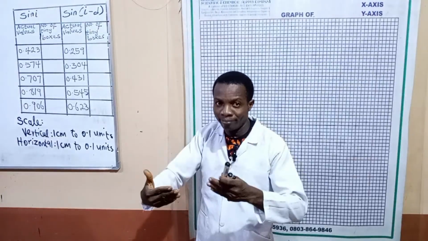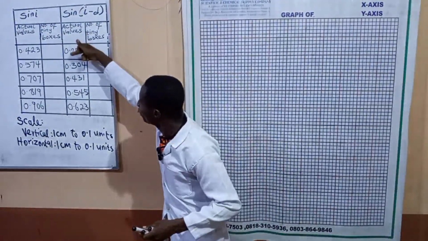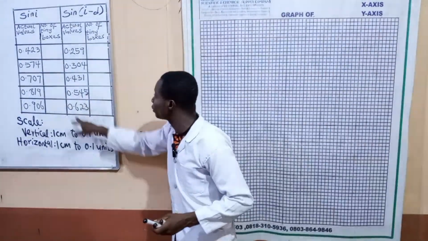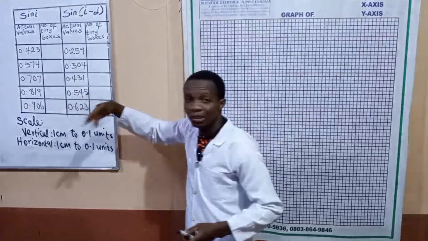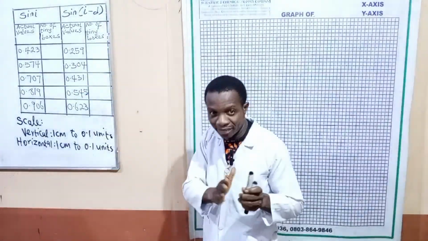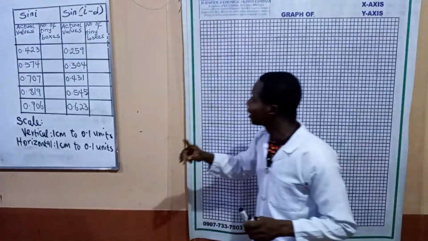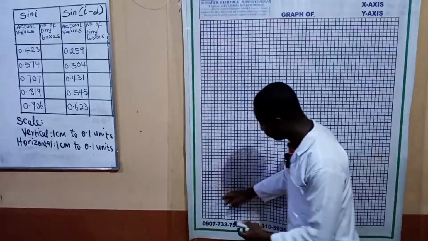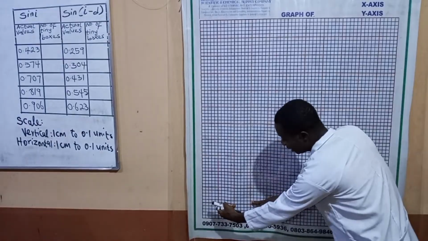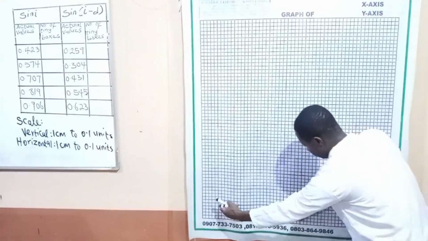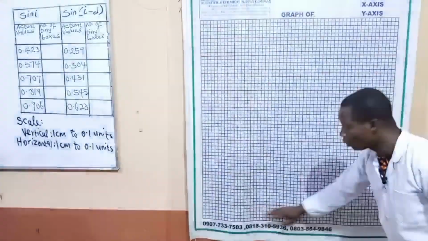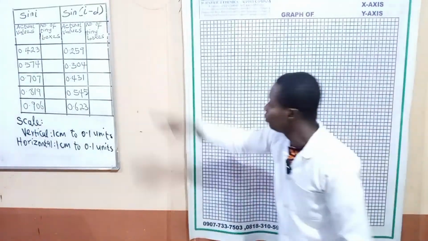Look at it like a whole number. 0.2 is 2. That's 0.3, 0.4, 0.5, 0.6. So this is like counting 1, 2, 3, 4, but in decimals. Then we will check. The highest value is 0.6. So we can start from here and count 6: 1, 2, 3, 4, 5, 6. You see? So we are also able to accommodate this value right here.